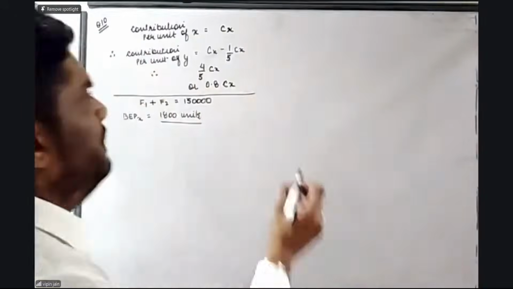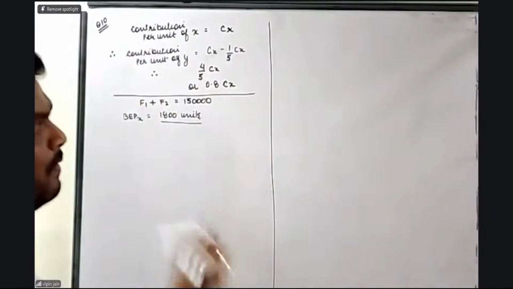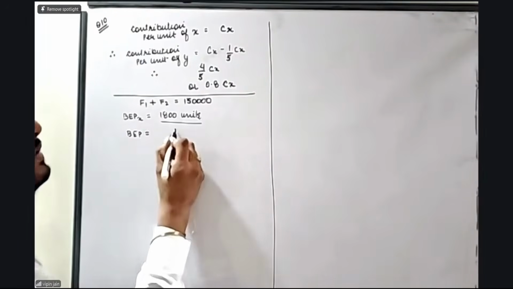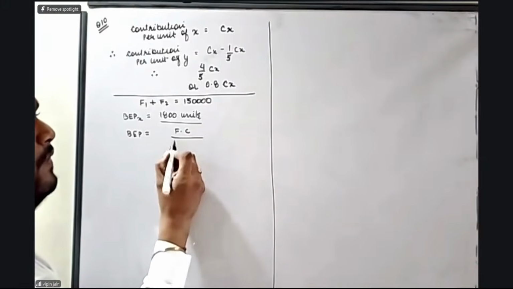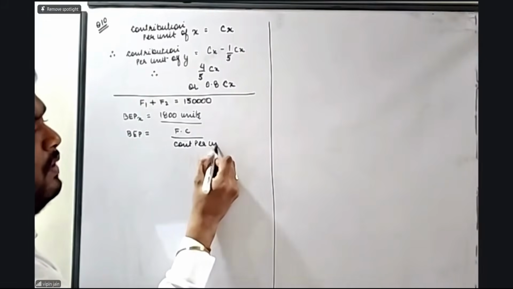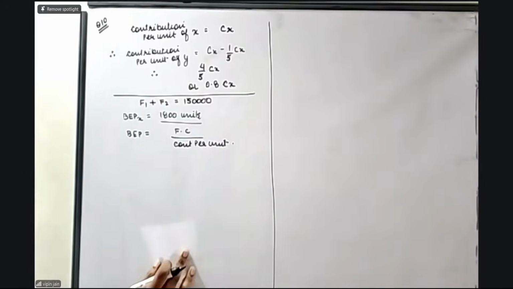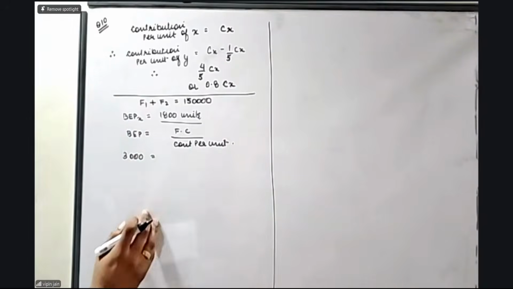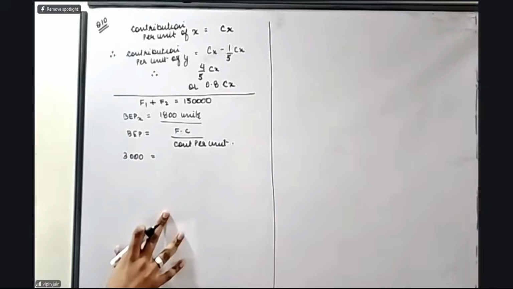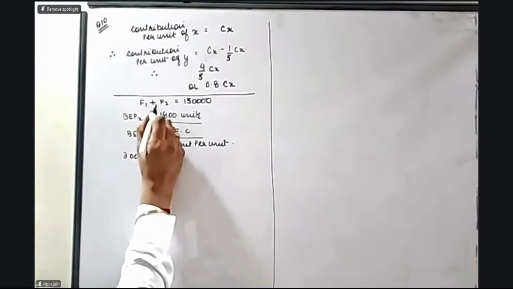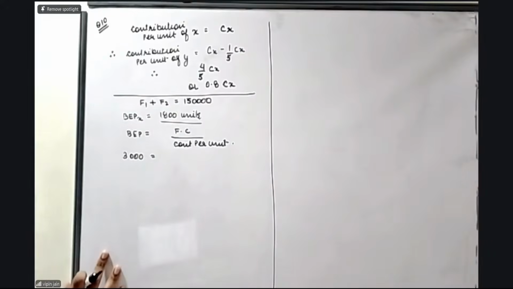Now see, the formula for break-even point is fixed cost divided by contribution per unit. We have 3000 units as break-even. The fixed cost of X will be how much? See, F1 plus F2 is 1,50,000.